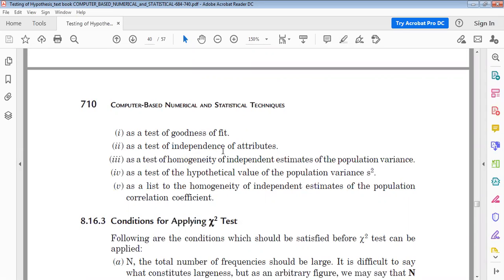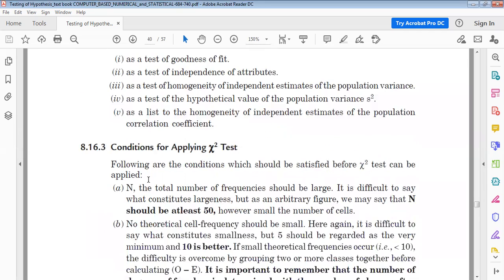As a test of independence of attributes. As a test of homogeneity of independent estimates of the population variance. As a test of a hypothetical value of the population variance, sigma square. As a test of homogeneity of independent estimates of the population correlation coefficient. That means there are 5 applications for chi-square.